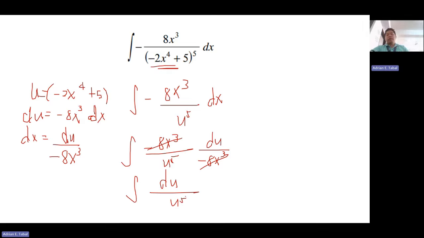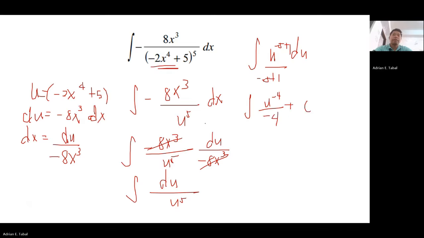So how to answer this one? We can move u5 to the top. We can have the integral of u raised to negative 5 du. Our rule: plus 1. So negative 5 plus 1, that will be u negative 4 over negative 4 plus c.